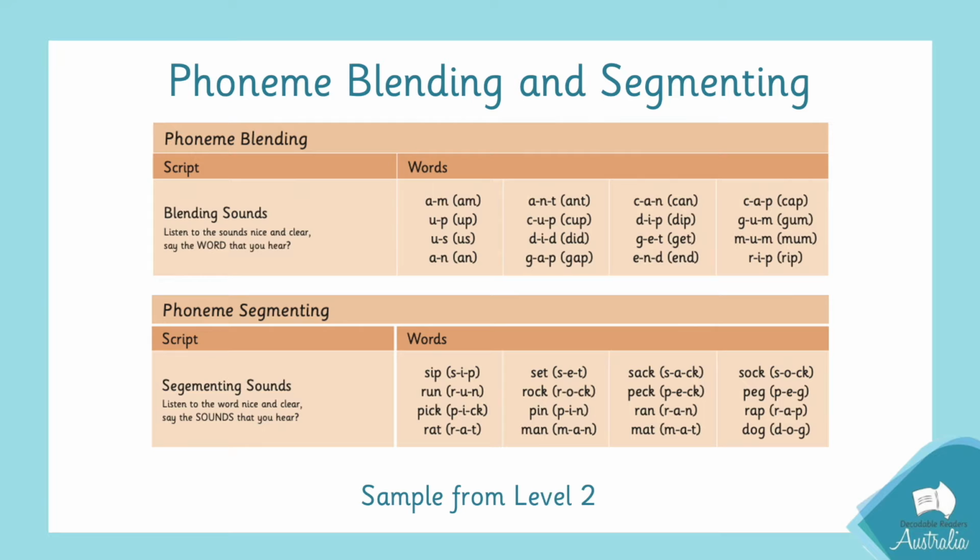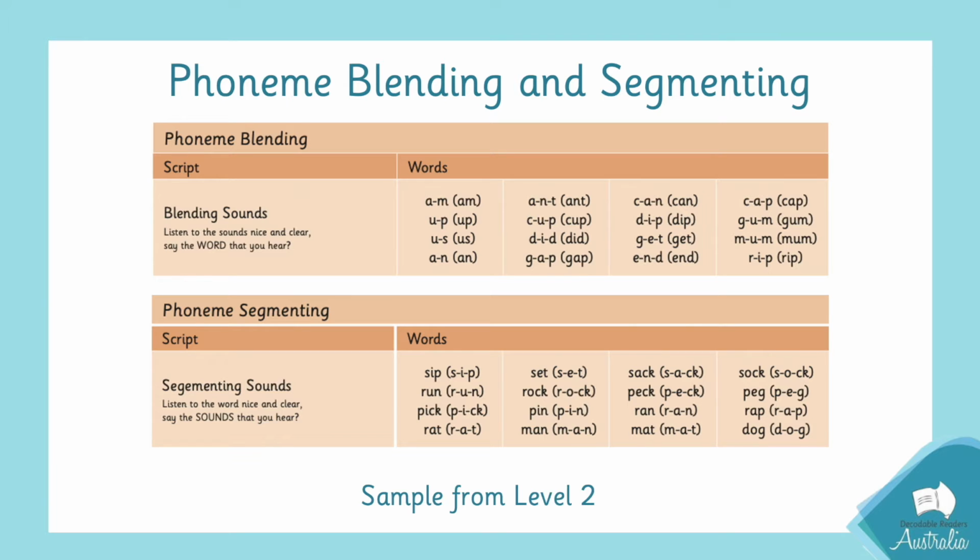It says, listen to the sounds nice and clear, say the word that you hear. Then we have a range of words that the teachers can use within their drill. Now, these words contain the phonemes that students are being introduced to. So in this sample, these are our level 2 phonemes.